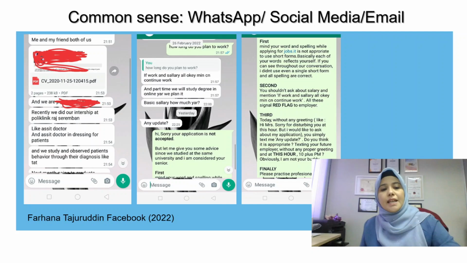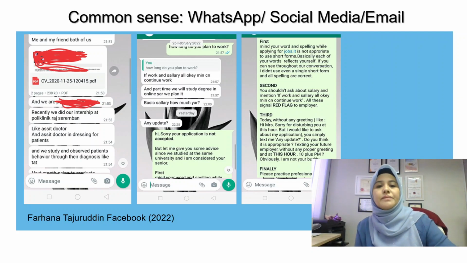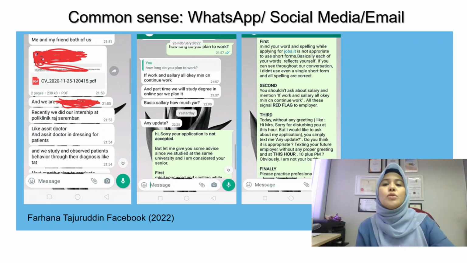So this employer replied by saying that your application is not accepted, and she gave some advice. Number one, mind your words and spelling while applying for jobs. It is not appropriate to use short forms. Basically, each of your words reflects yourself, right?